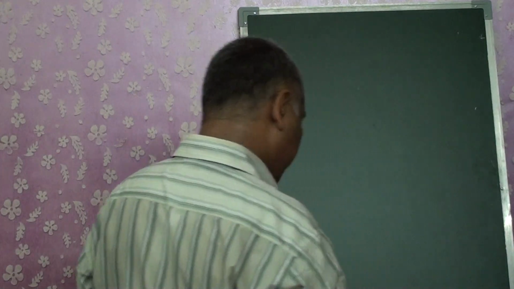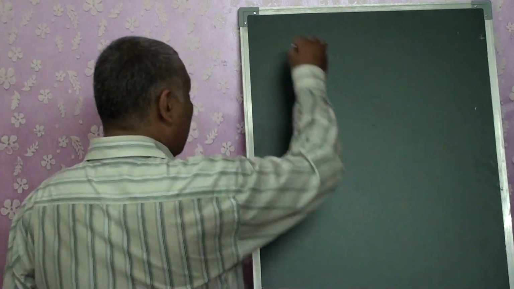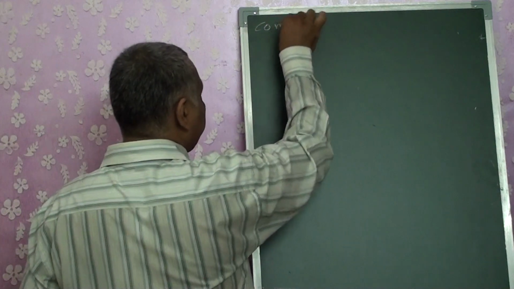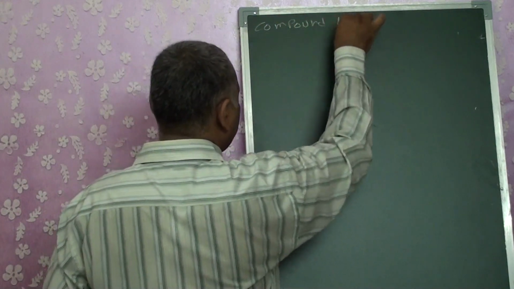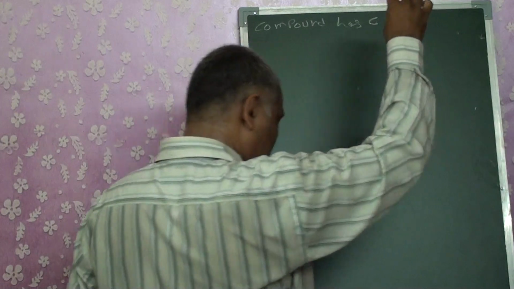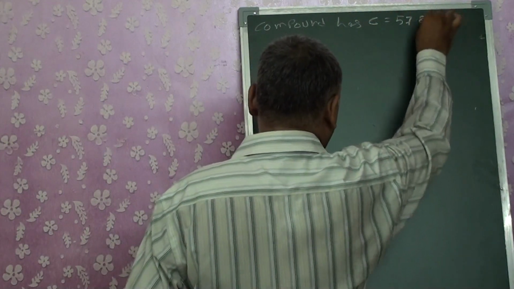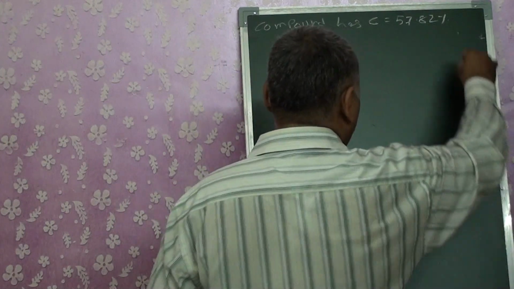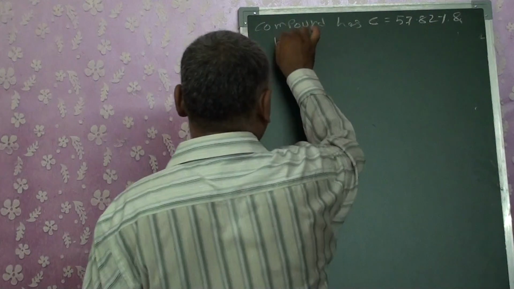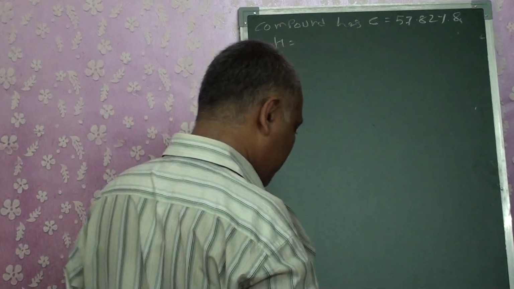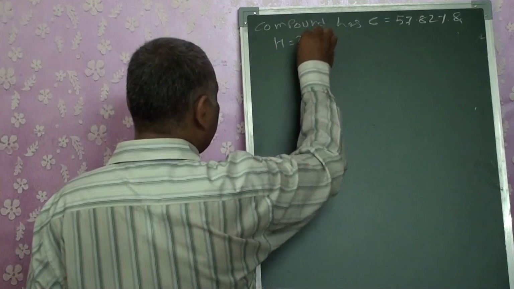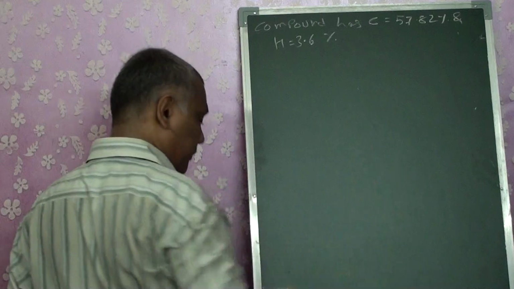The question that is given to us: a compound has carbon equal to 57.82% and hydrogen equal to 3.6%.